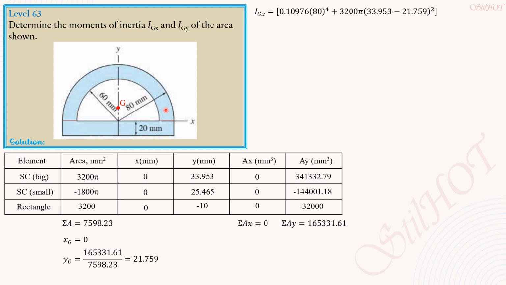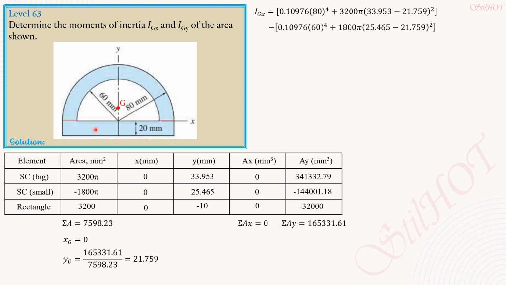For the next semicircle, so minus 0.10976 times 60 to the fourth plus area 1800 pi times distance 25.465 minus 21.759 quantity square.